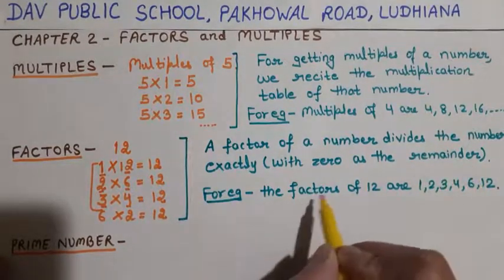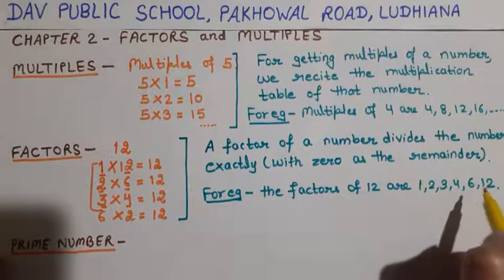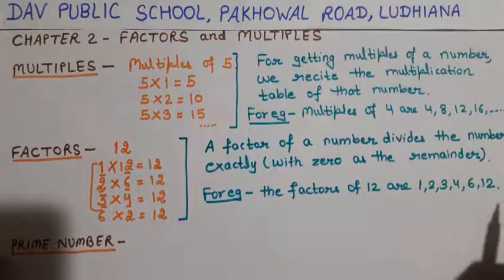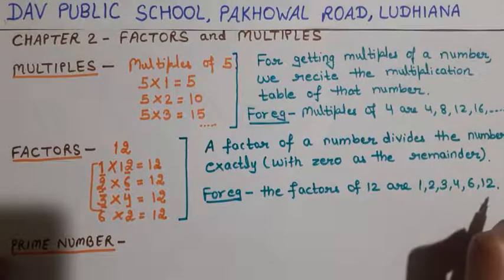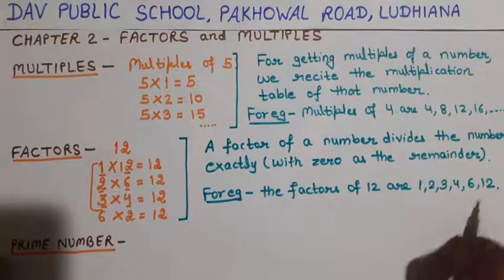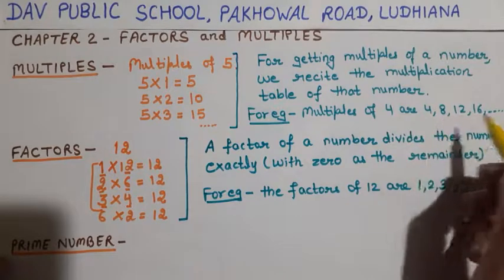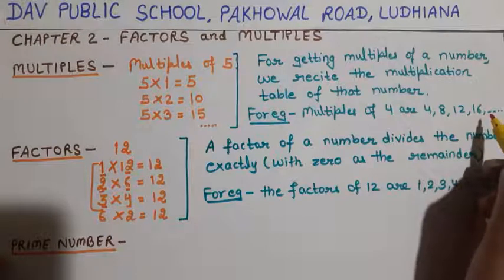The number of factors of a number is finite. Finite means you can count these factors. And the multiples of a number are infinite. Means you cannot count them. You can find as many multiples as you want.